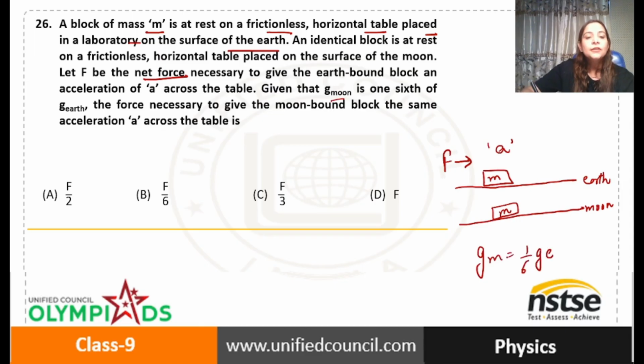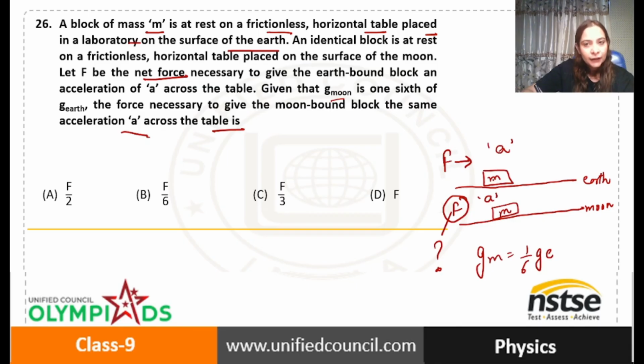The force necessary to give the moon-bound block the same acceleration as the one on the surface of earth, across the table, is dash. So we need to tell how much force we have to apply to the block on the surface of the moon to give it the same acceleration as the block on the surface of earth.